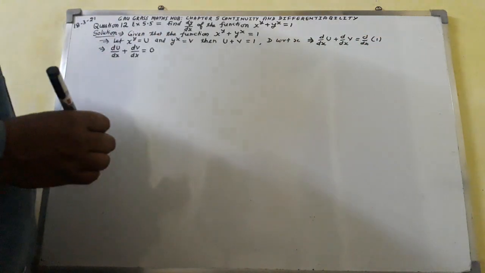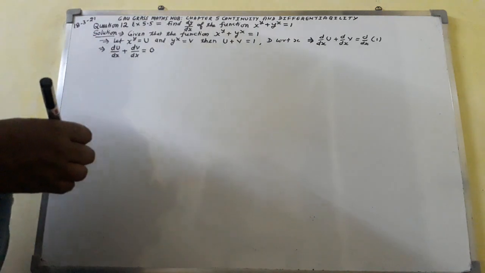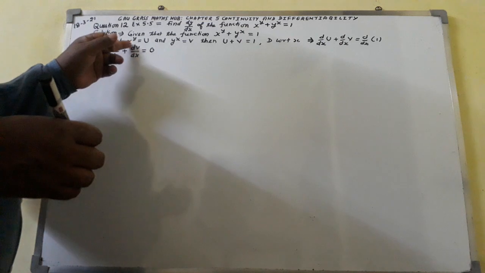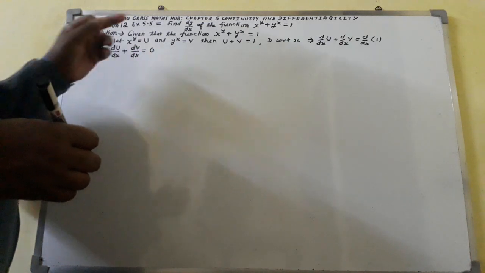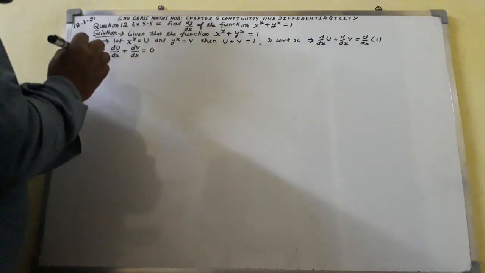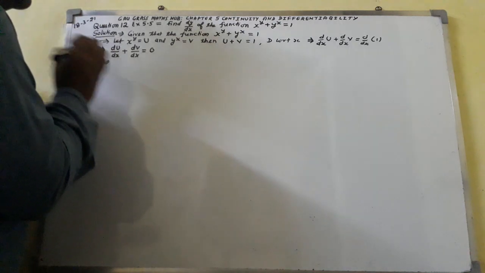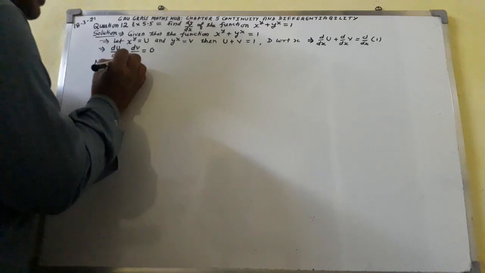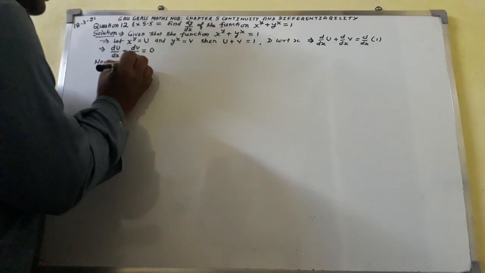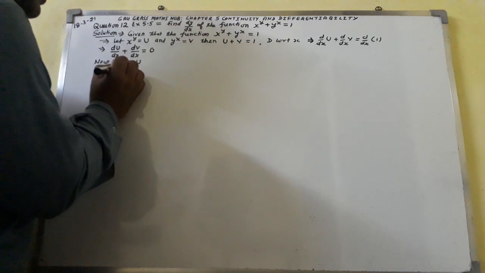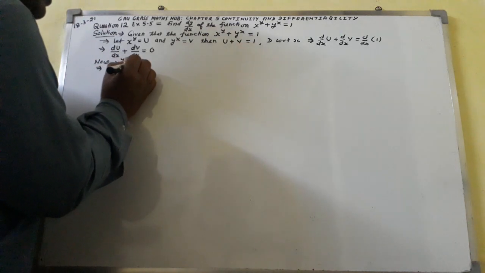So this thing we have got. Now I shall take the function x raised to power y equal to u. I can write very well u equal to x raised to power y.